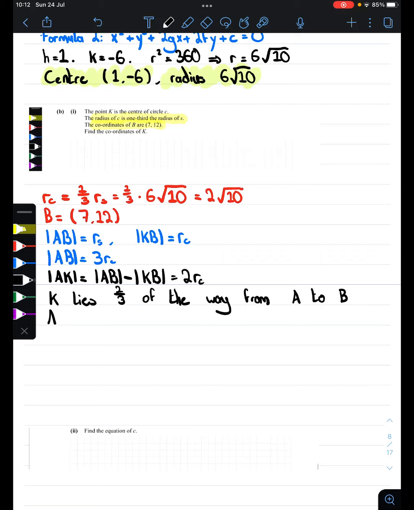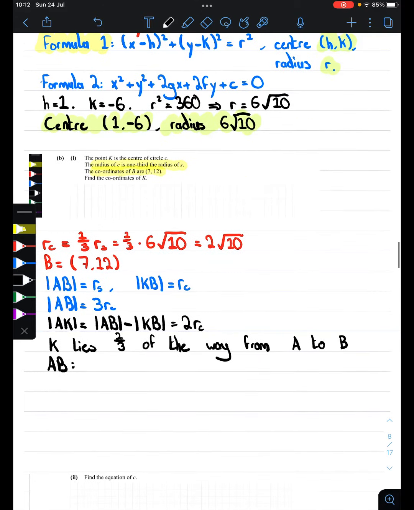Let's look at AB. It goes from A, which is (1, -6), to B, which is (7, 12).